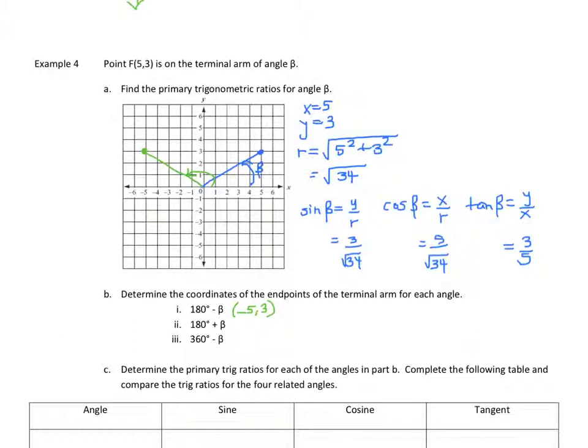Okay, the next one says find the coordinates of the endpoints of the terminal arm for the angle 180 degrees plus beta. Well, 180 degrees plus beta would have a terminal arm in quadrant 3. So again, I'm going to reflect the point F, this time through both axes, and I will plot a point at negative 5, negative 3.